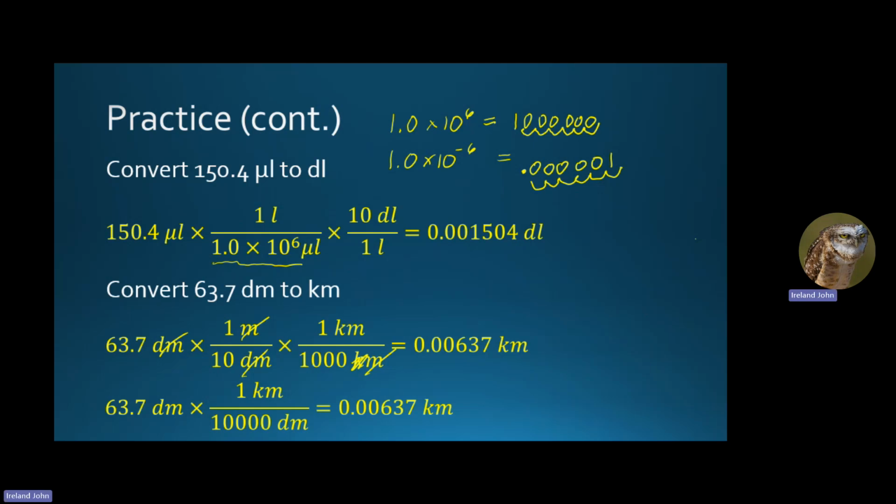Unlike our system, where if I ask you how many teaspoons are in a gallon, there's a lot of unique conversion factors that go into that, right? You have to know how many teaspoons are in a tablespoon, how many tablespoons are in a cup, how many cups are in a quart, how many quarts are in a gallon. And they're each unique, right? It's not like they're the same value for each of them. In the metric system, it's always some power of 10, except when it comes to temperature.